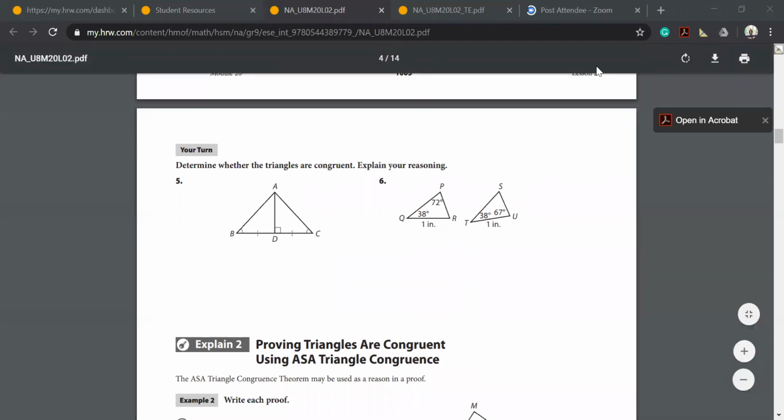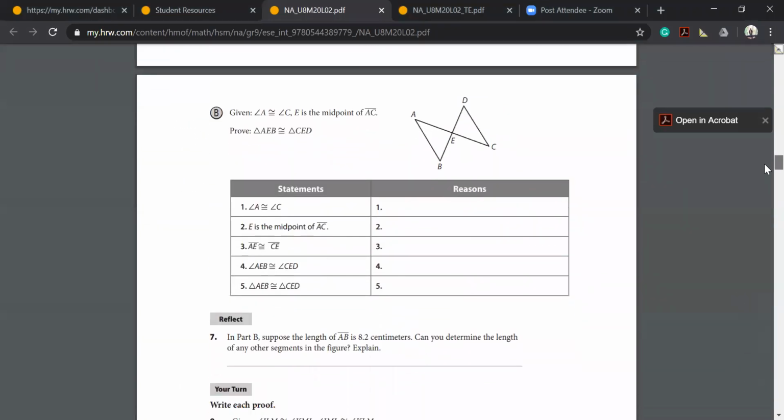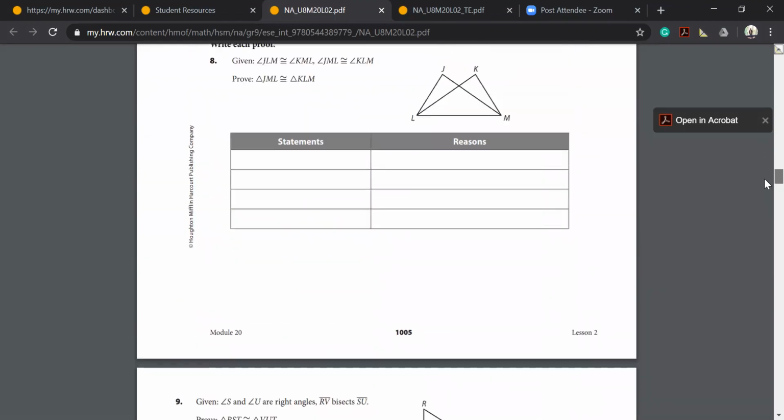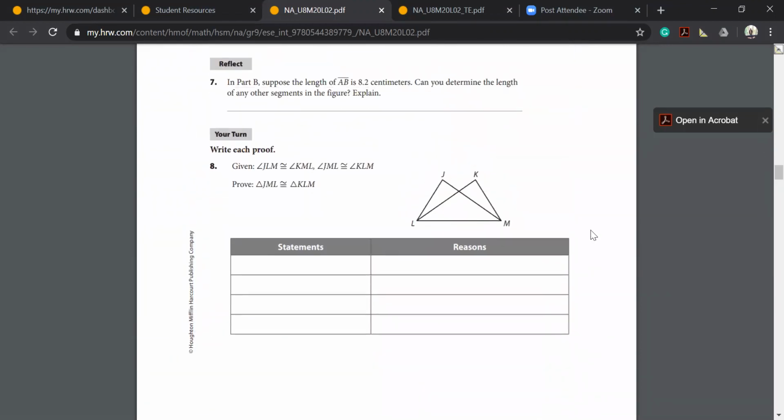Okay, and then going to the proving thing. I left for you questions, I think I did with you, right? Yes. Number 8 and number 9 in page 1005 and 1006. Okay, let's think about number 8. Write each proof. Given that we said before, this is triangle.